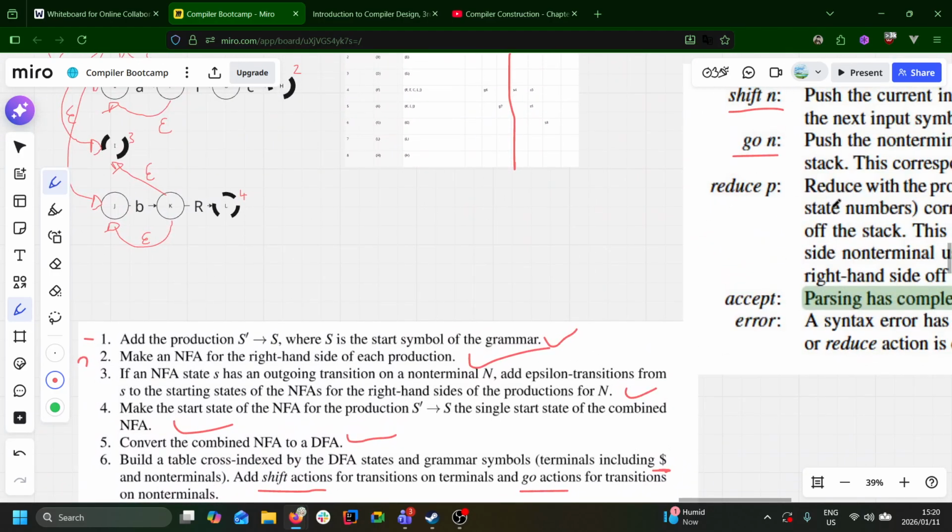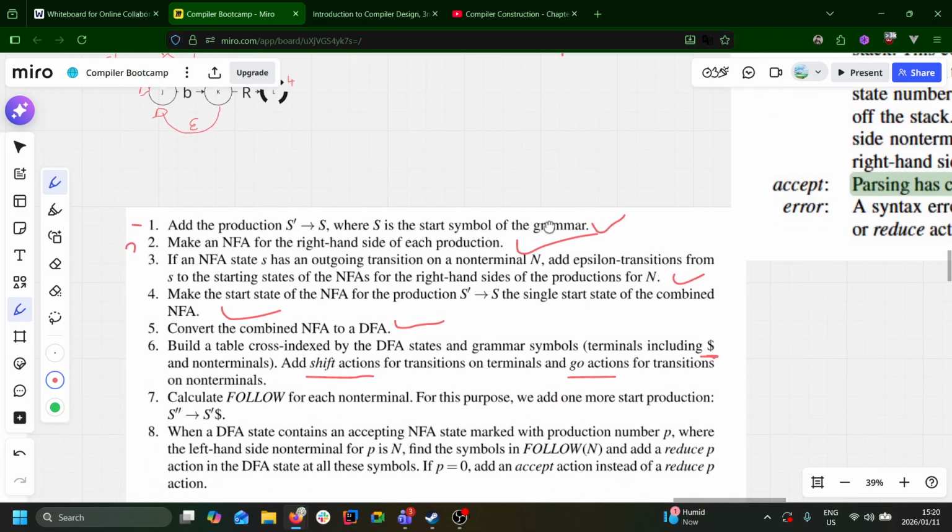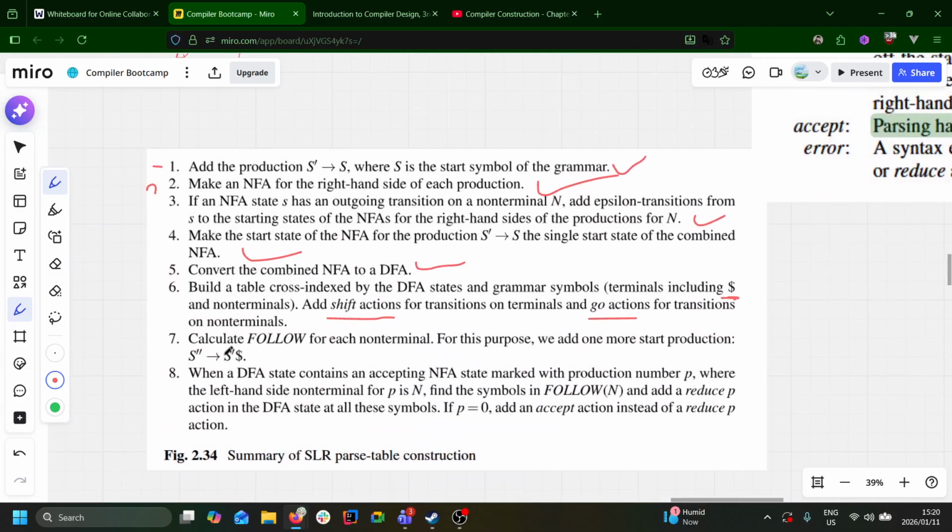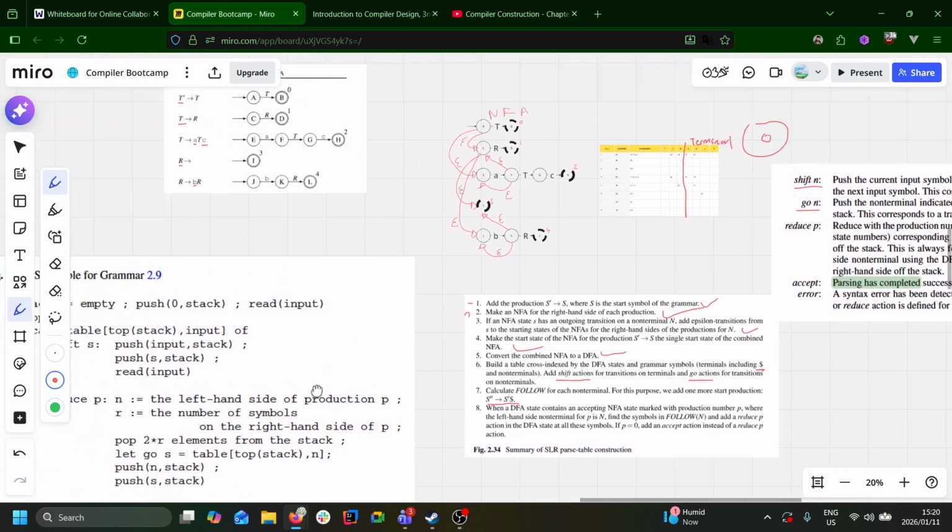The next one to do is reduce P. How do we add reduce P? To do reduce P, we have to calculate the follow set for each non-terminal. For this purpose, we add one more start production, which is S prime prime produces S prime dollar sign.